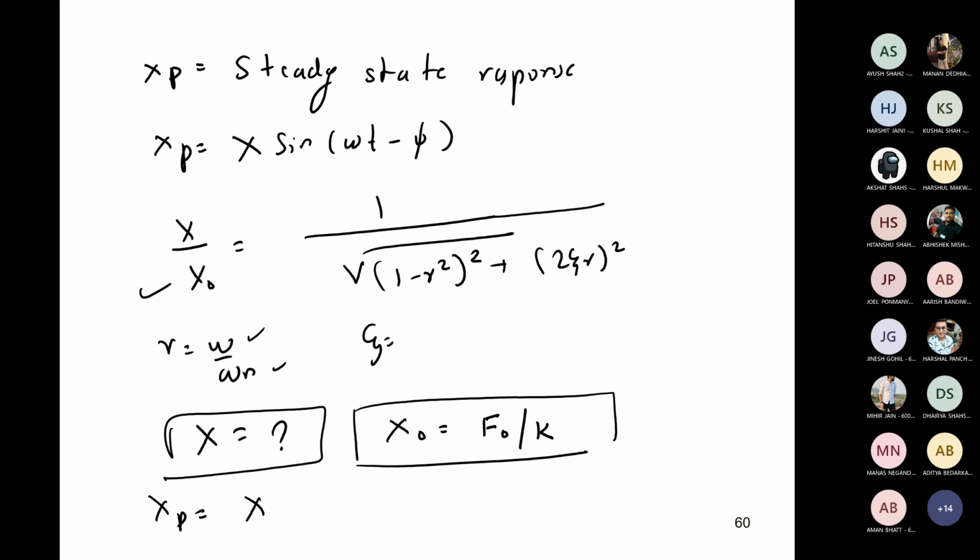So you know forcing frequency. What is the forcing frequency? What is omega? 15. And what is phi?